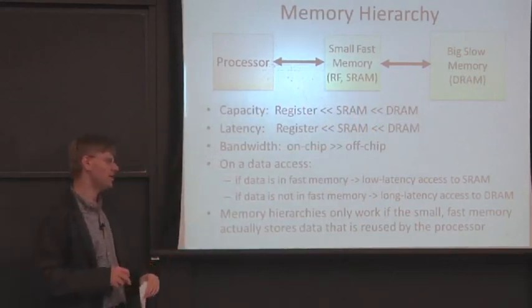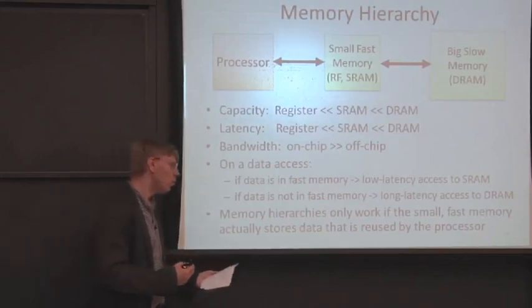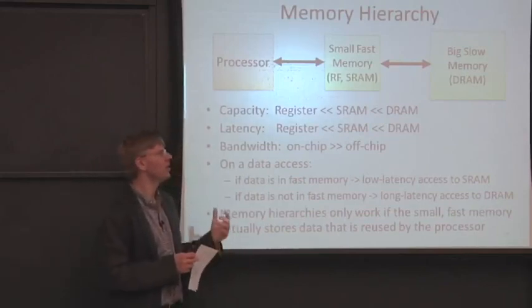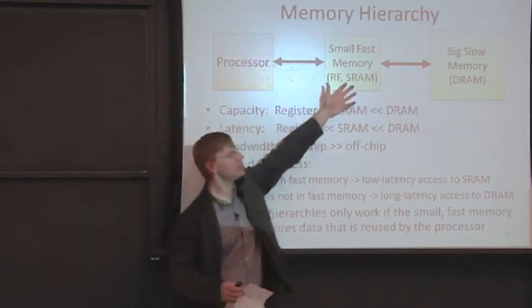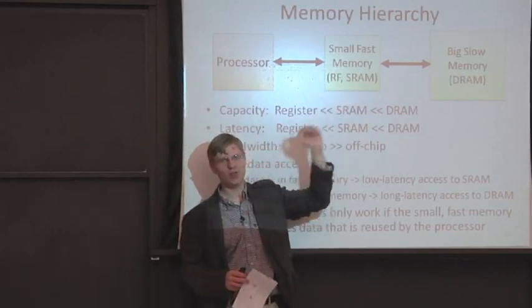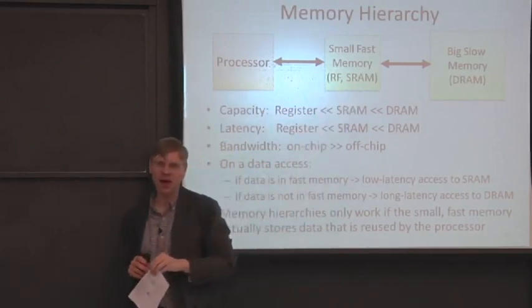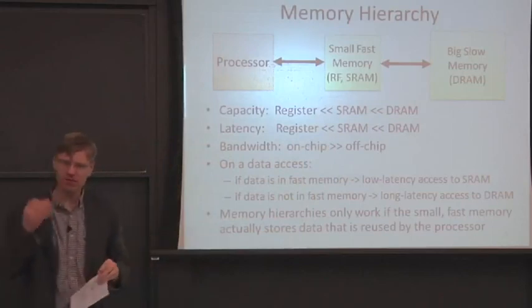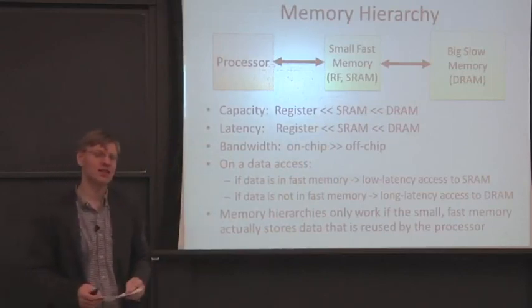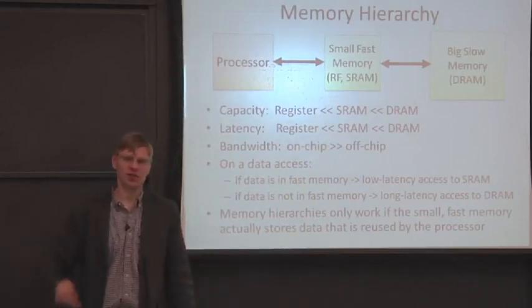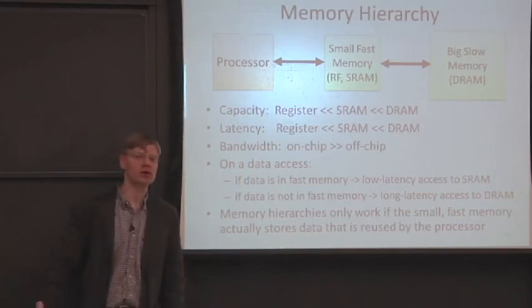Memory hierarchies work only if you're going to find useful data here. So if you go build a small, fast memory close by, but you never find any information in there that you need, why did you build this structure? You're just doing extra work and burning extra power.